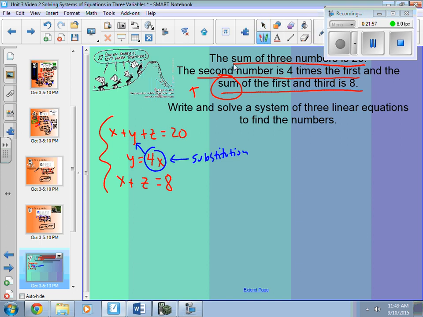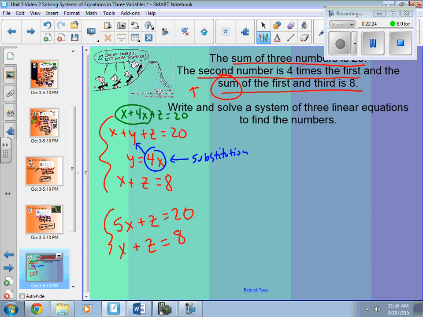So that equation now becomes x plus 4x plus z equals 20. And these two would be like terms. If we combine those together now, what we have is 5x plus z equals 20. And we made that substitution. We still have this last equation, that's x plus z equals 8.